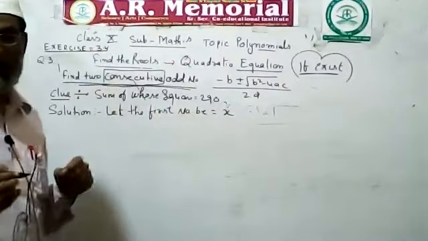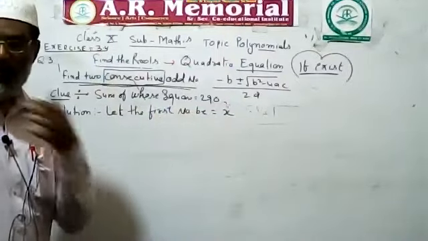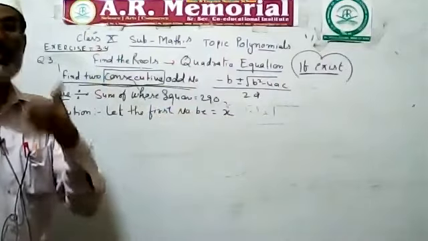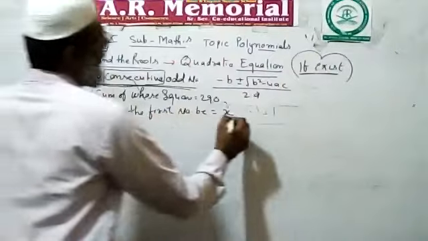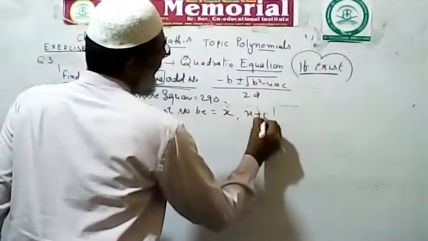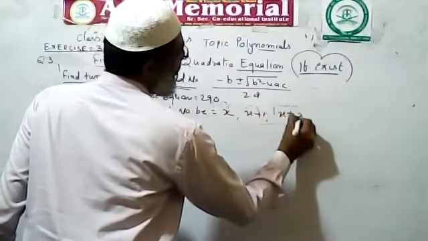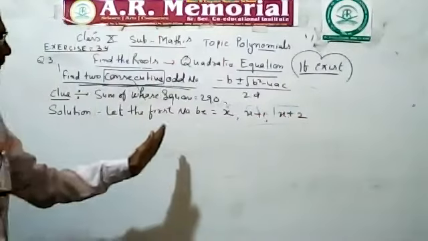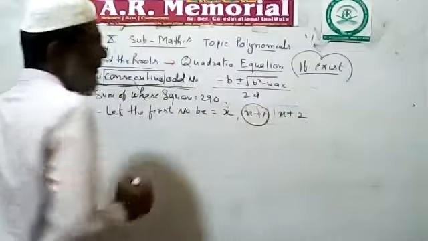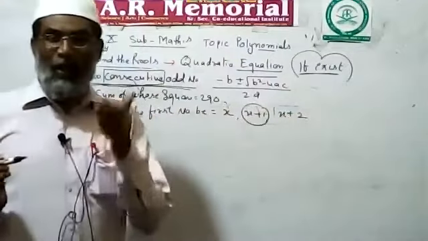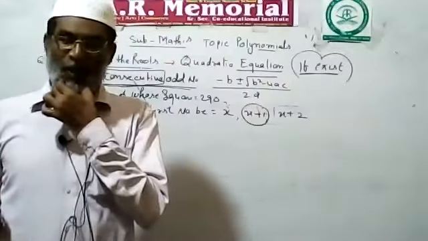It is odd. The second number is x plus 1? No, that is a gap of 1. The continuous number is x plus 1, the next is x plus 2. If we want odd numbers, we cannot take x plus 1, because if it is odd, the number in between disappears and a gap is there.